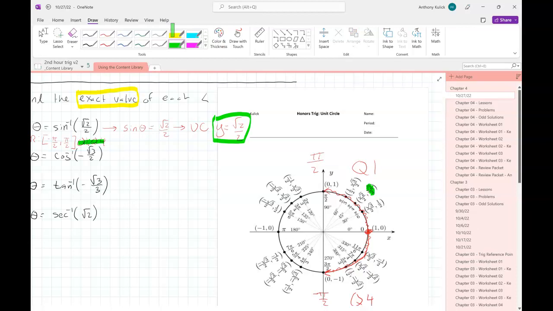That's the only place that occurs. Everybody agree? So my answer should be pi over 4.